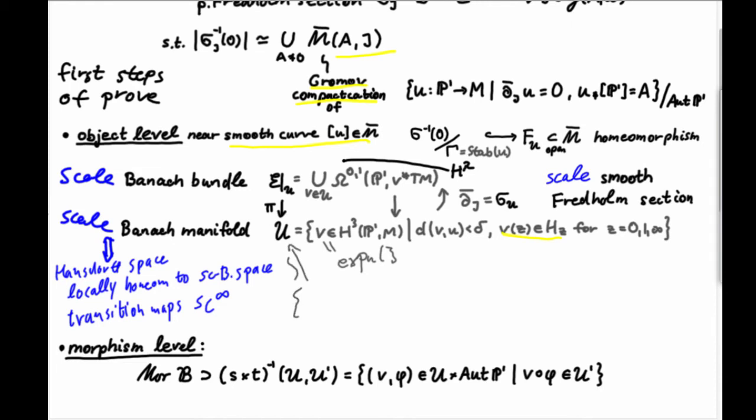So I can just take the H3 sections of the pullback tangent bundle. I can ask them to be small in my favorite norm. And in order to get this nonlinear condition, I should probably choose a metric in which these are totally geodesic.